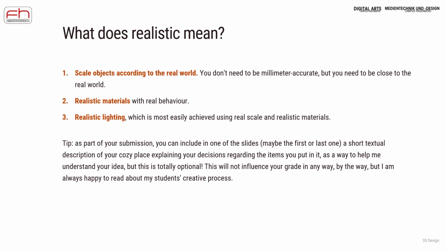If the table is 80 centimeters high, you have to do that in your modeling using that measure. Okay, don't worry, again, this is not about modeling with that amount of precision. It's more about how you are going to resize things, how you are going to distribute things in the scene to be close to the human reference.